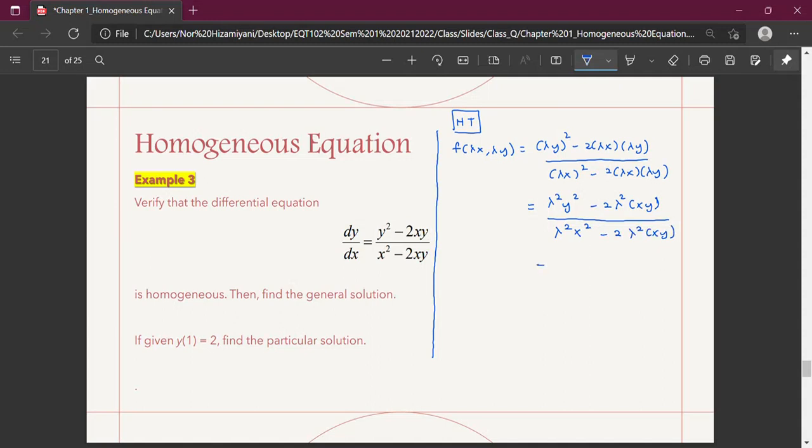Okay, now as you can see, for all these 4 functions, they have λ². So you can factorize λ² from the numerator and also the denominator.